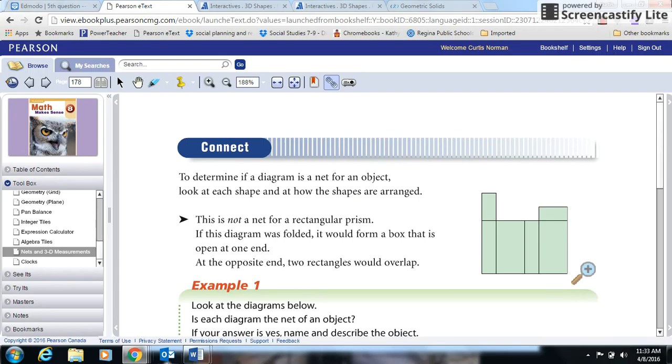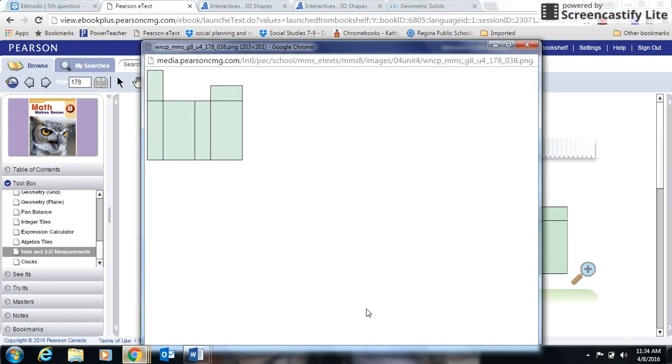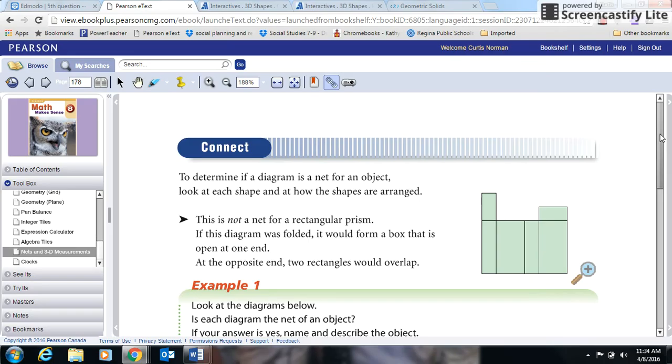So if we were to fold this shape, you have to imagine, there's no overlap right here. And since there's no overlap, that means there wouldn't be anything to close the top off here. So this is an example of what we'd call not a net. It is not a net for a rectangular prism.